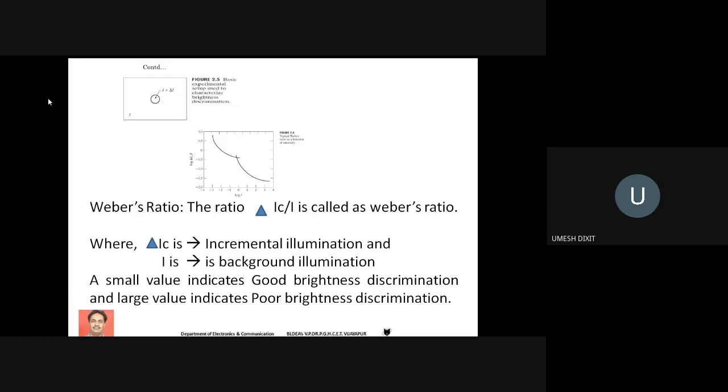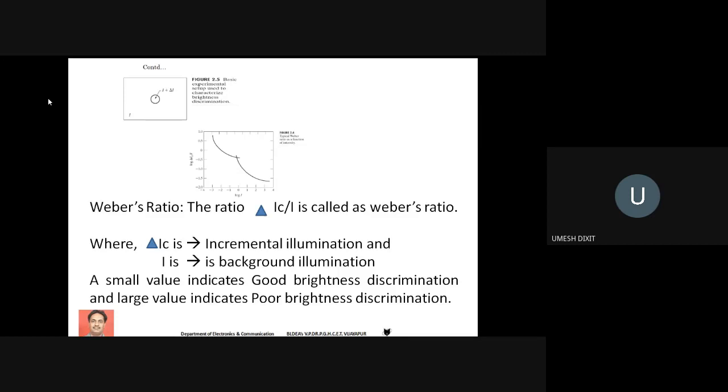Dear students, remember Weber's ratio is simply ΔIc/I, where ΔIc is the incremental illumination and I is the background illumination. If this ratio is small, it indicates good brightness discrimination, and if this ratio is large for any given condition, it indicates poor brightness discrimination or identification.